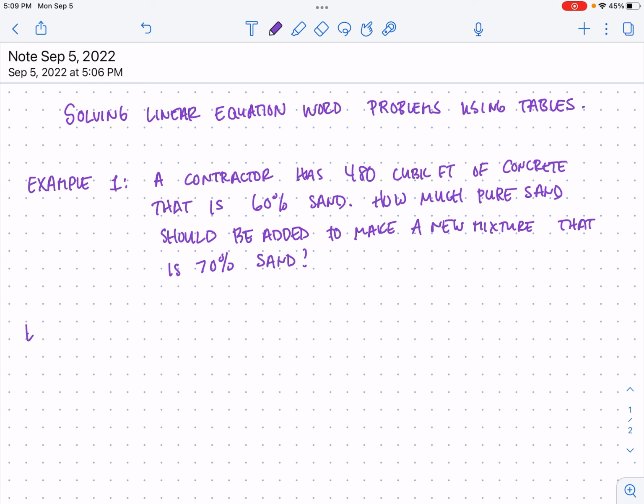A second type of problem might be something like a student takes out 2 loans totaling $12,000.